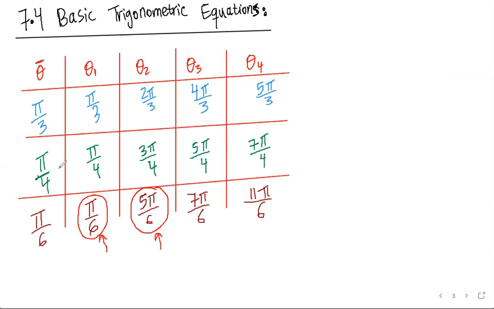The reference for the second quadrant, this one, and the third, this one. So it would be 3 pi over 4 and 5 pi over 4.